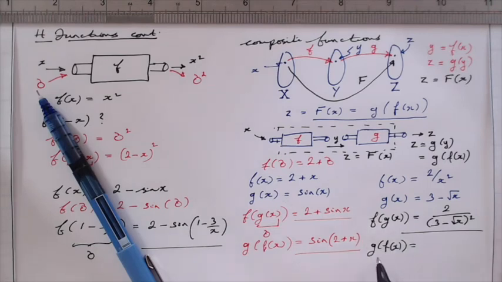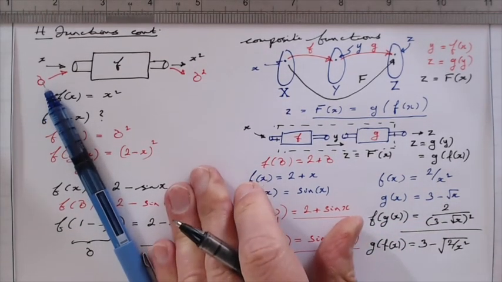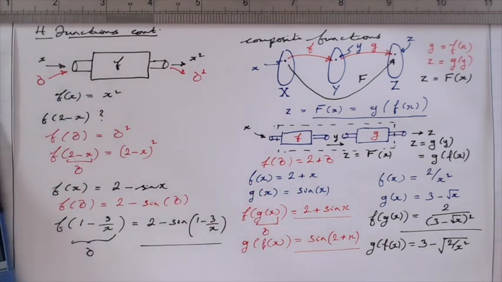So we have g of something is 3 take away the square root of that something. In this case, it's f of x, which is 2 over x squared. And in that case, we might choose just to simplify that to 3 minus the square root of 2 over x.